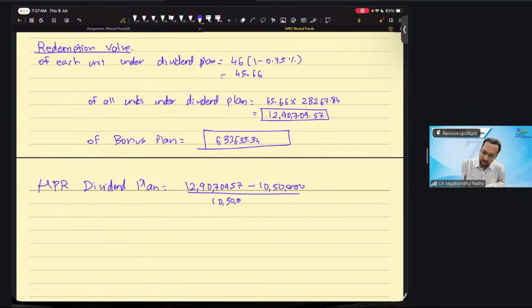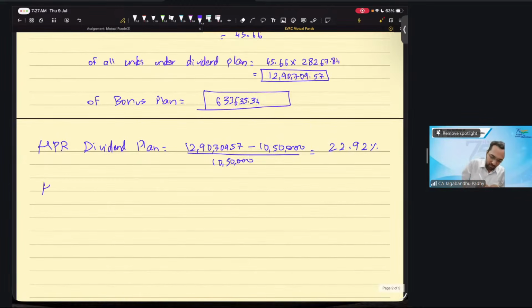This is divided by 10,50,000. So what's the holding period return percentage? What is this percentage return? 22.92%. Okay.